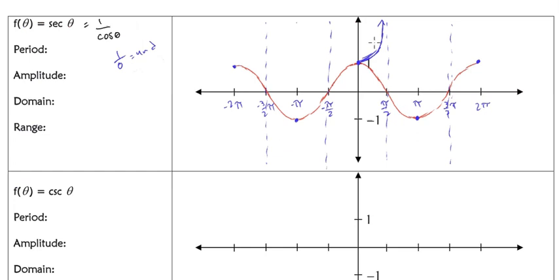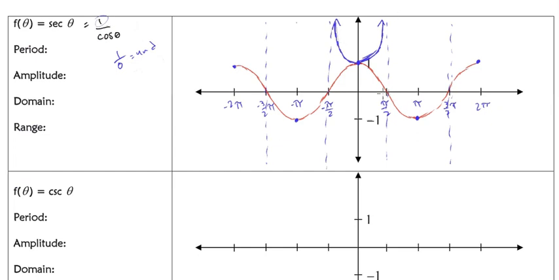On the left side, still approaching the asymptote from the positive side, cosine is heading towards 0, but it's still positive. So our 1, from inverting it, is being divided by smaller and smaller positive pieces. So this is going to head up on this side as well. Okay, we'll have this little U shape here.